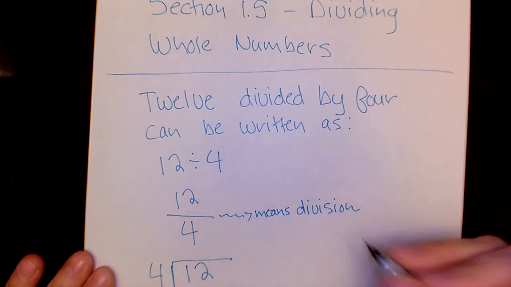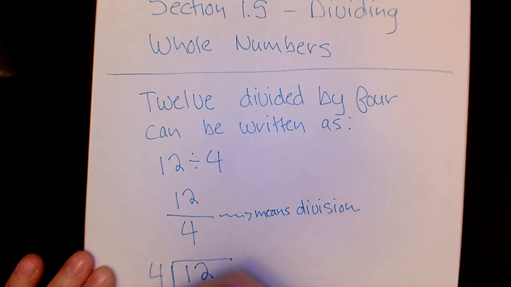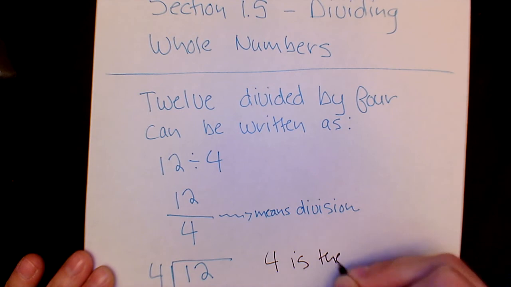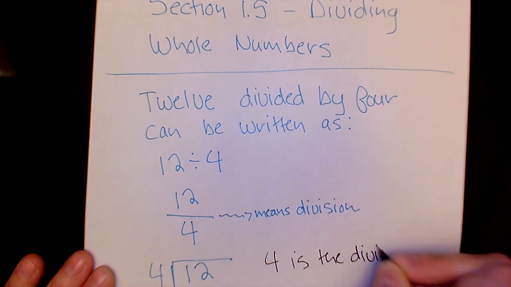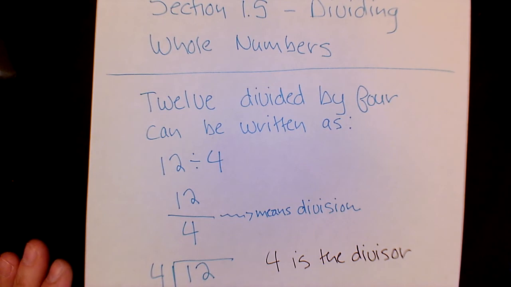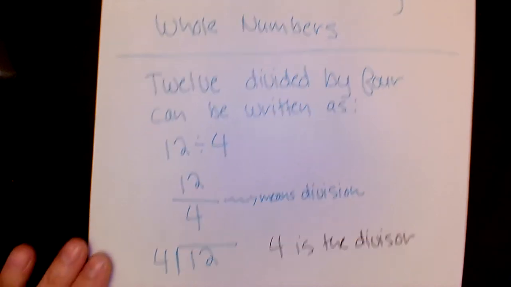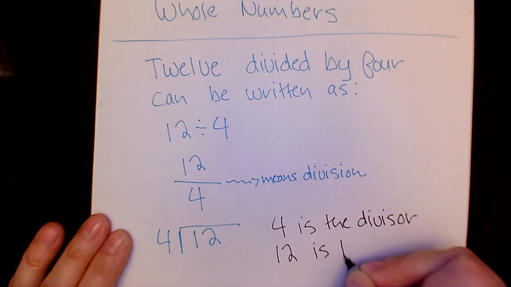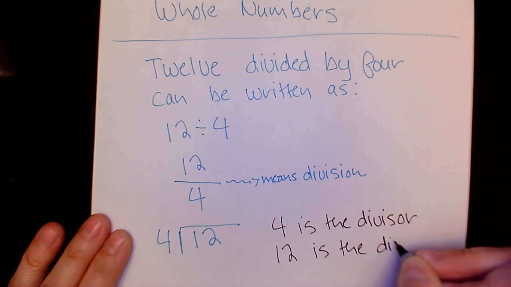4 is the divisor. So 4 is being divided into 12. 12 is called the dividend.